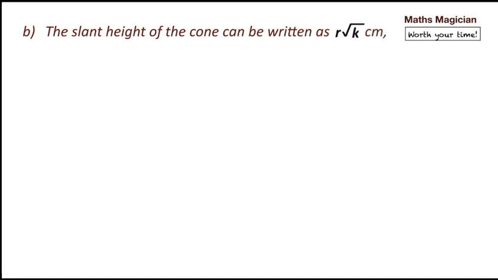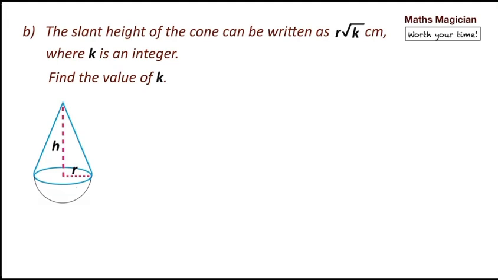Now we solve part B, and part B is, the slant height of the cone can be written as r square root k centimeter, where k is an integer. Find the value of k. Here, the slant height of the cone is r square root k.